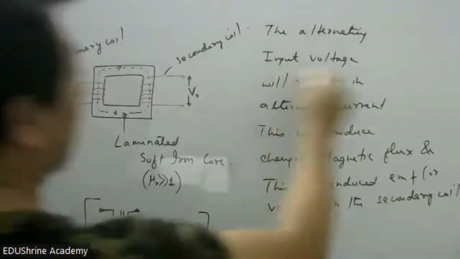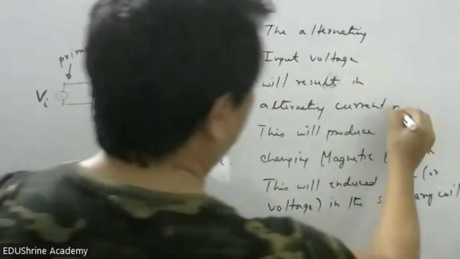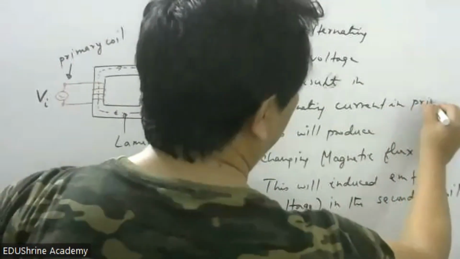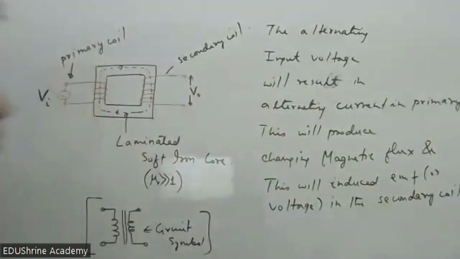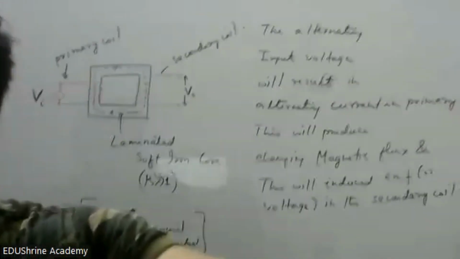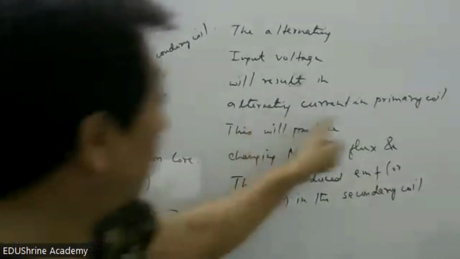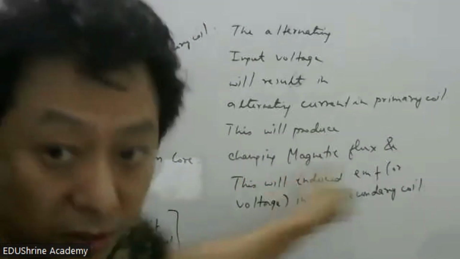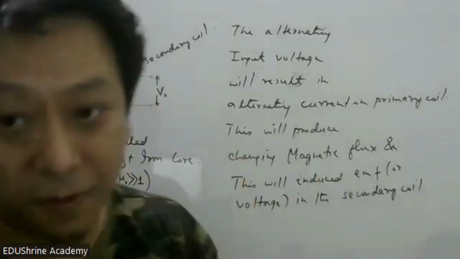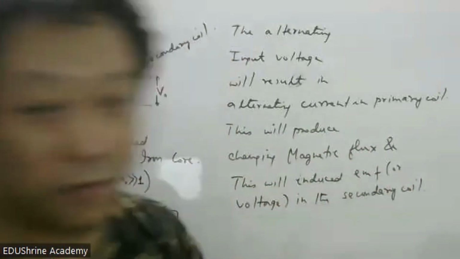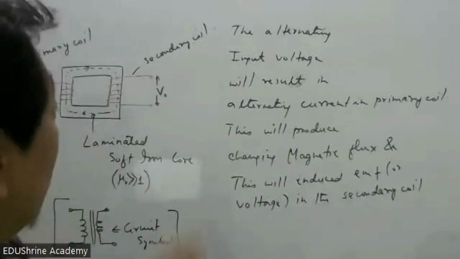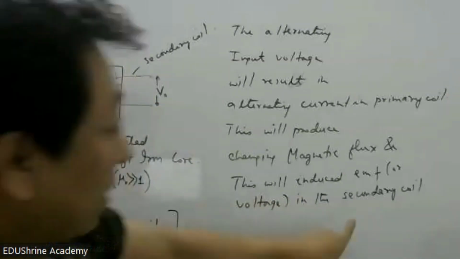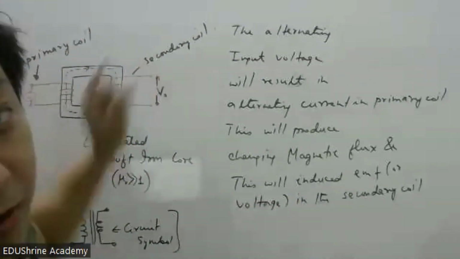So the alternating input voltage will result in alternating current in primary coil that you mentioned. This alternating current in primary will produce an alternating magnetic field, changing magnetic field, which is a changing magnetic flux. And from Faraday's law or from mutual inductance, we know if magnetic flux changes, EMF is induced in secondary also.